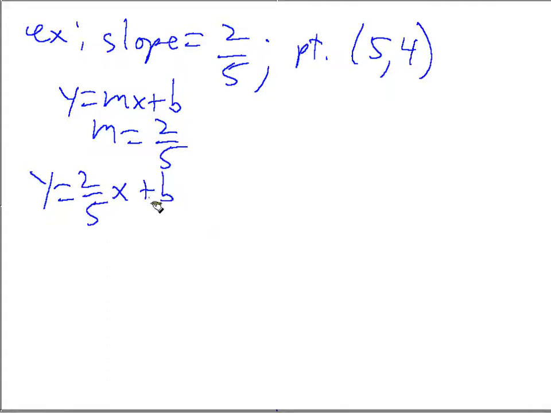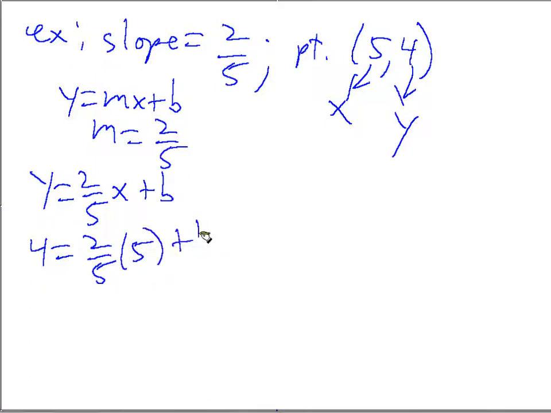Again, you're always solving for b at the end. How do I do that? I plug in for x and y: 5 for x, 4 for y. So 4 equals 2/5 times 5 plus b.